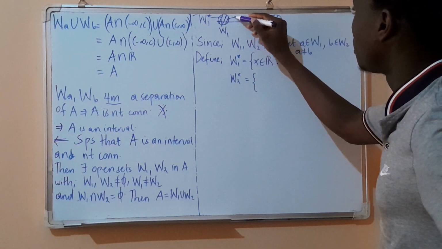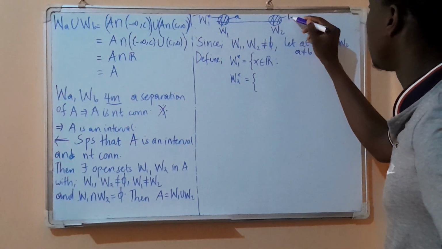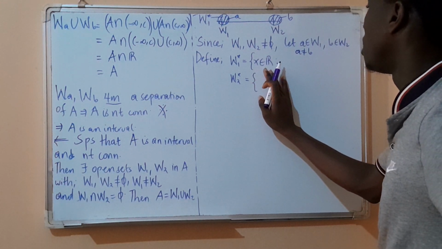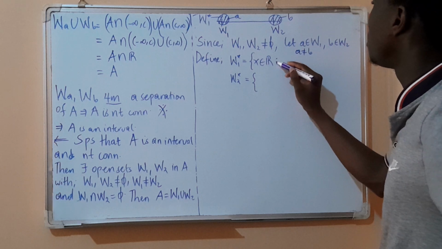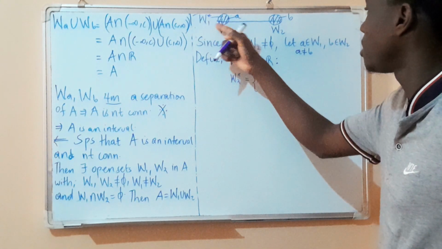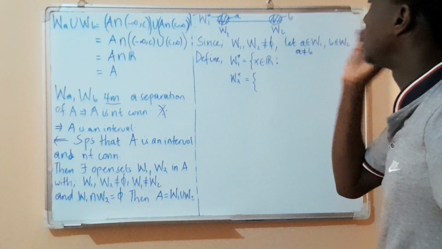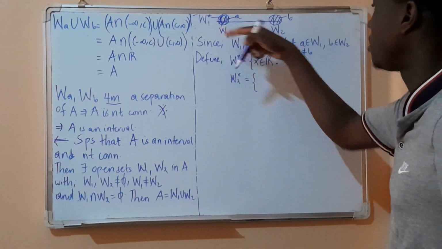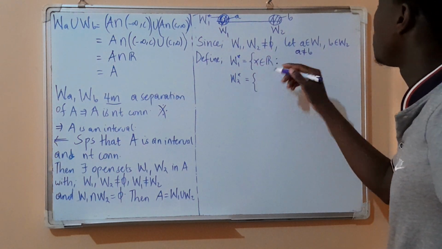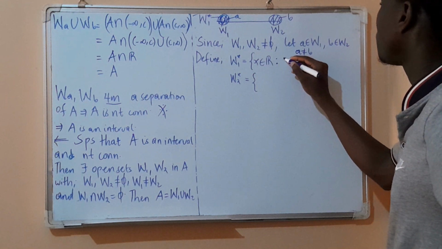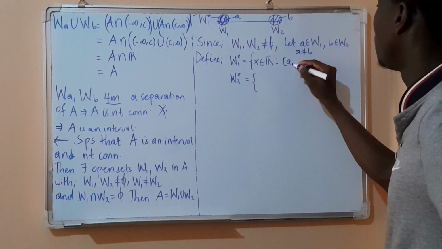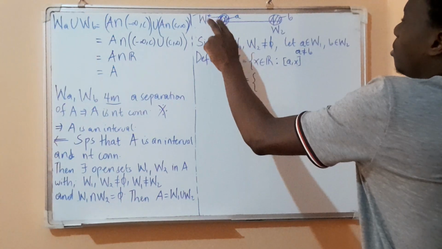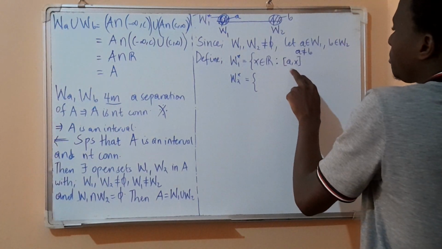Remember, A is here, A is there, also B is here. W1 star is this set, somewhere around here in W1.